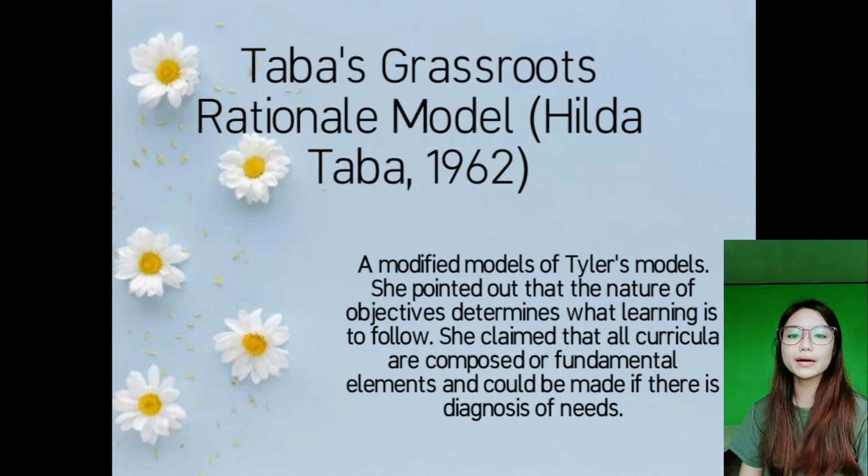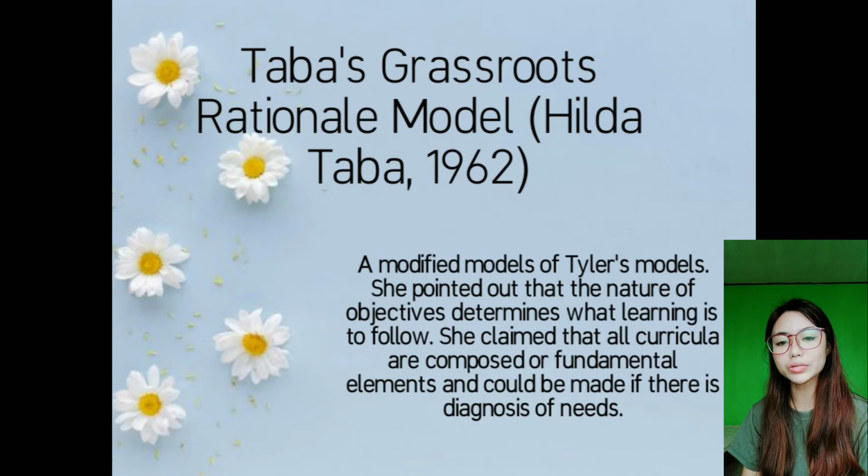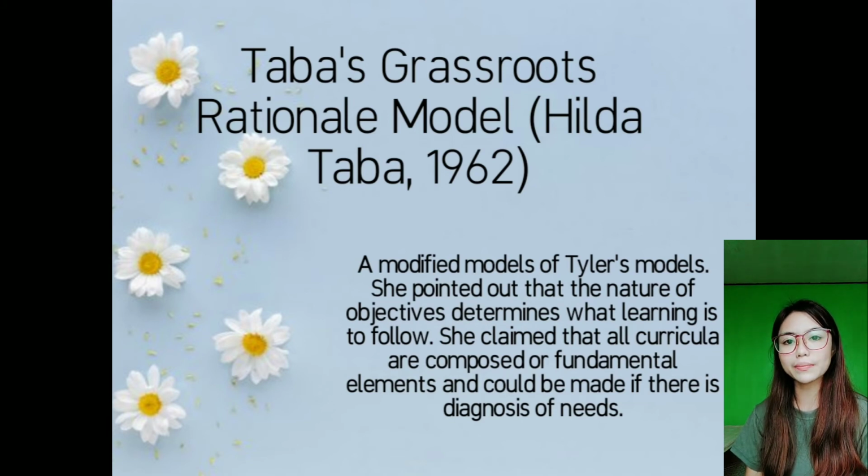Hilda Taba created a multi-purpose teaching model that utilizes multiple processes: listing, grouping, labeling, regrouping, and synthesizing. Taba is an inductive or teacher approach, and she believes that teachers are aware of the students' needs, hence they should be the ones to develop the curriculum. The main idea of this model is that the students are at the forefront of the curriculum.